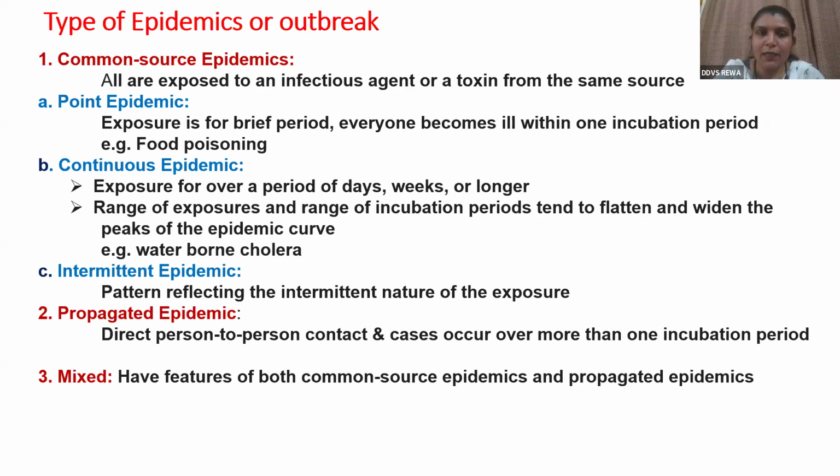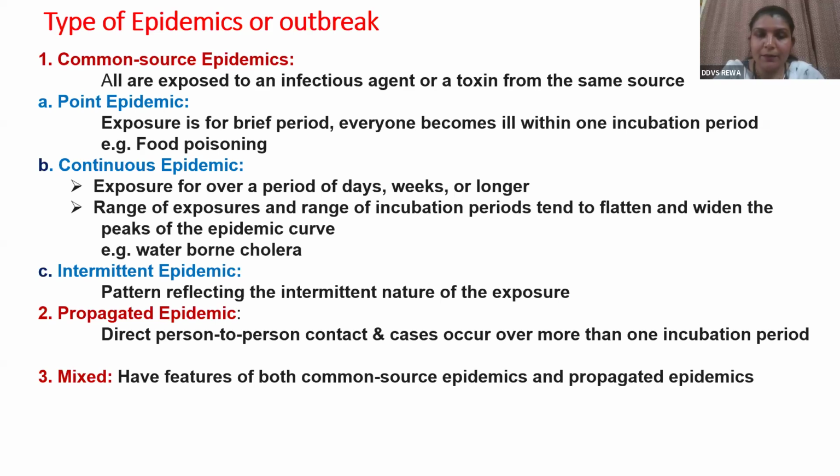In highly contagious diseases and vector-borne diseases, the number of cases increases in an exponential pattern, with direct person-to-person contact or vector-borne transmission. So there is more than one incubation period, and that is known as a propagated epidemic.